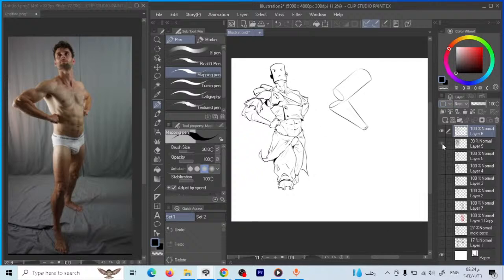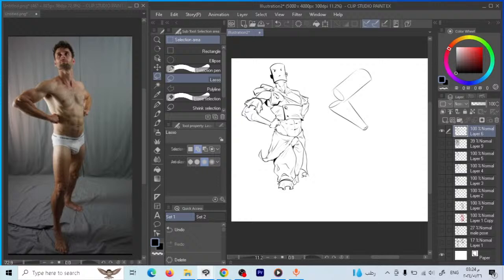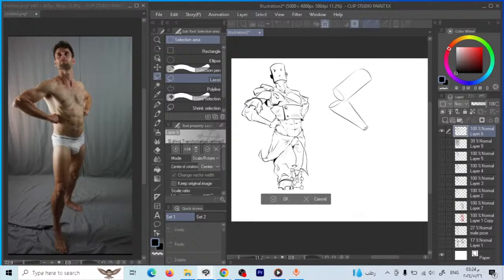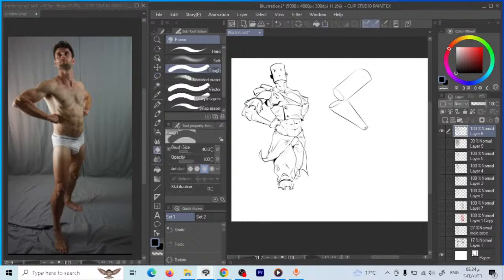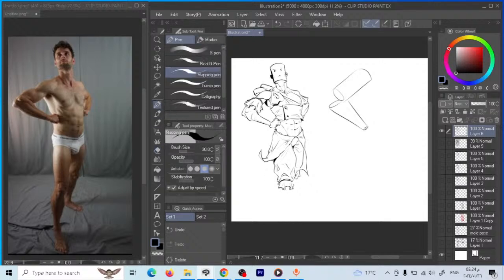It does look like that. I like that. We need to make this to follow the perspective, so let's make it a little bit higher. And this one. Yeah, I like this one.